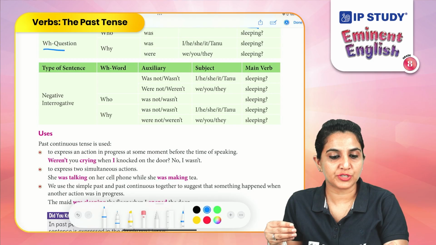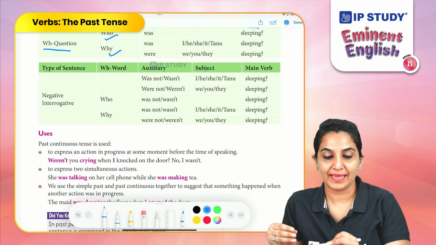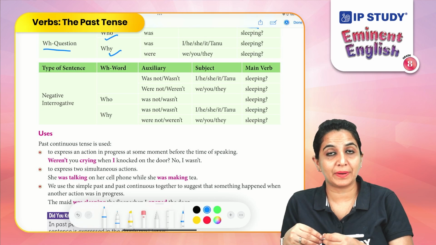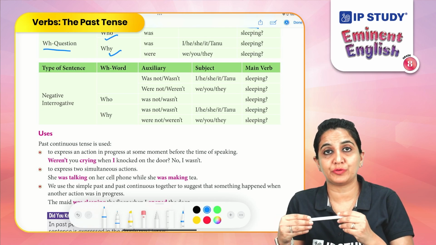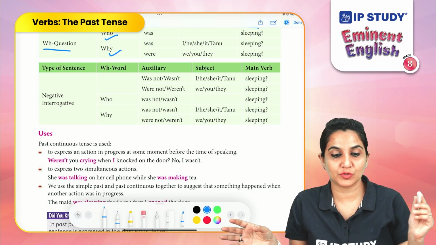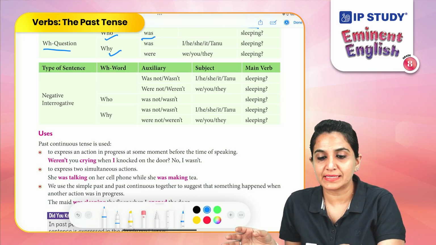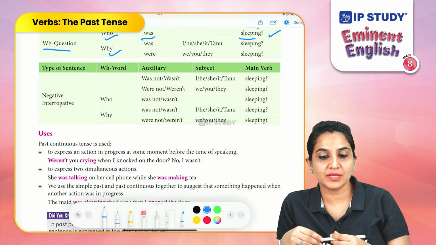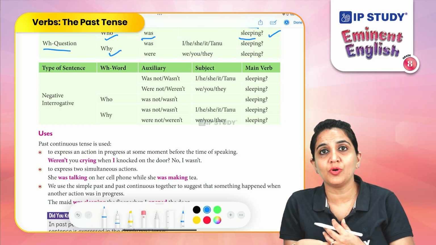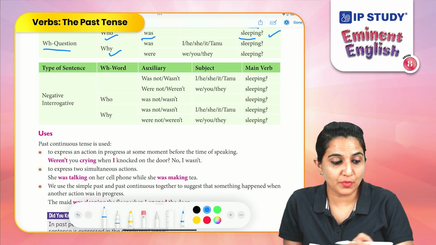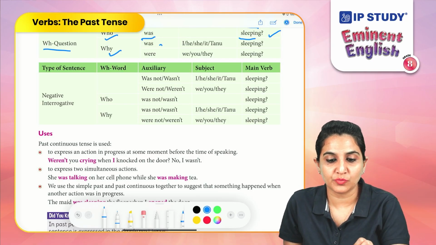With the wh-questions such as who and why, we use the auxiliary verbs, and the rules to apply them with the first person or the plural form remain the same. So, who was sleeping? With who, we always use was, and there is no need to apply the subject to them. With the why questions, we use was and were.